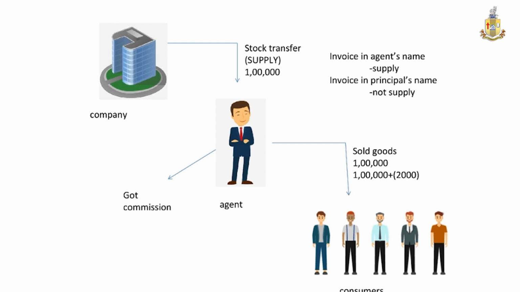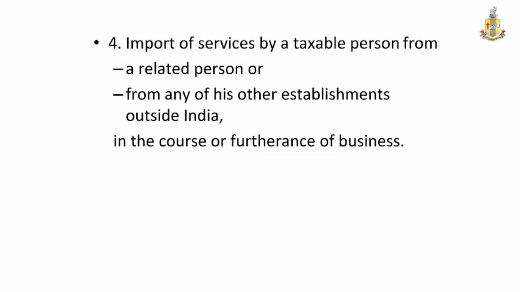The fourth point of Schedule 1 is imported services by the taxable person from a related person. So first, in 1B what we saw is import of services. When we get services from outside India and give consideration, then we call it a supply.